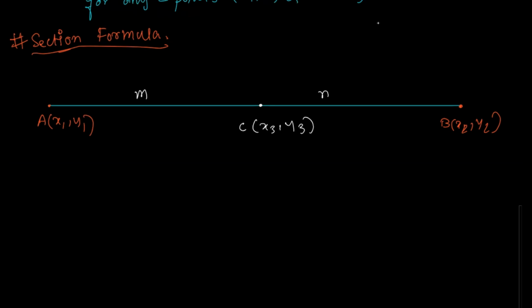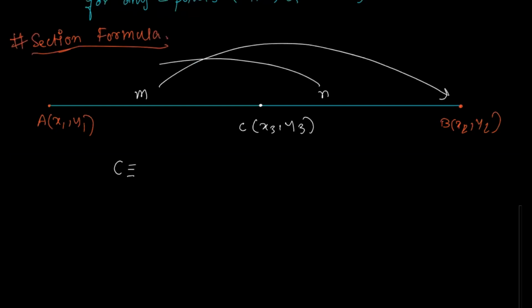So what is the coordinate of C? C coordinate is defined as m into B and n into A, that is, m capital B plus n capital A whole divided by m plus n.